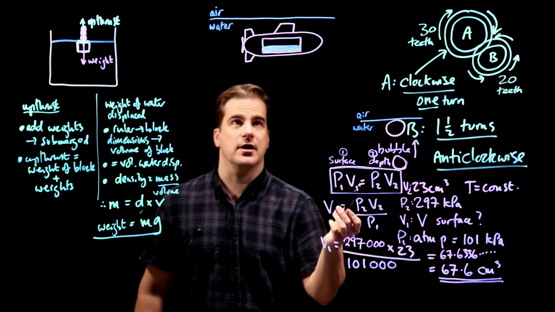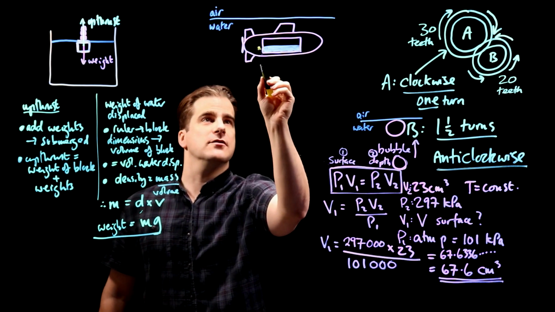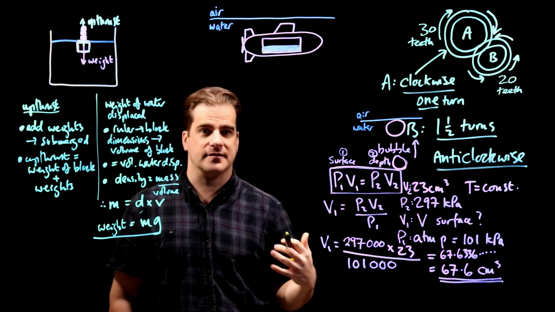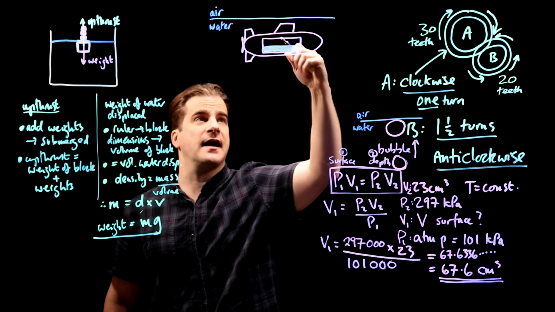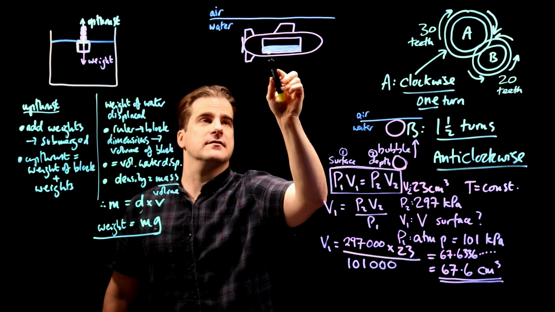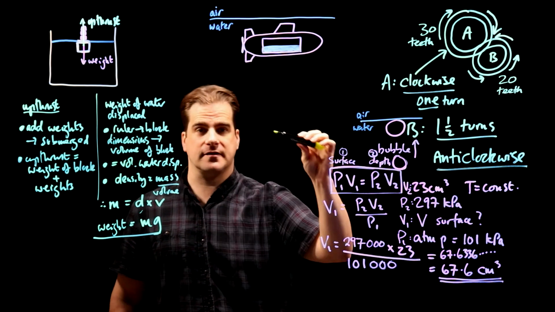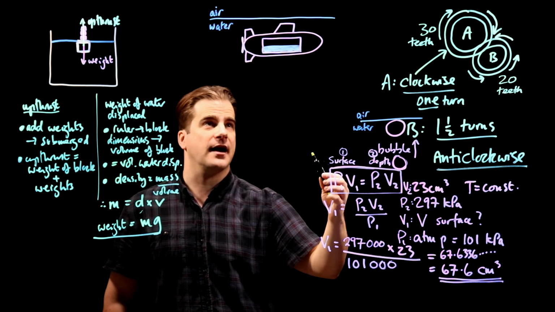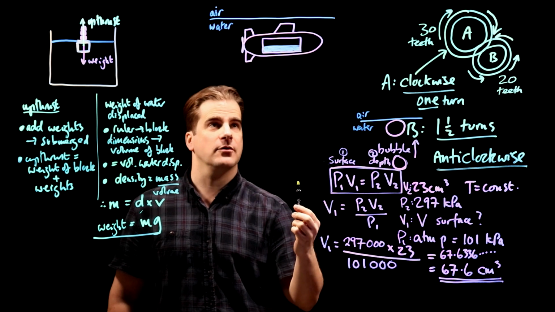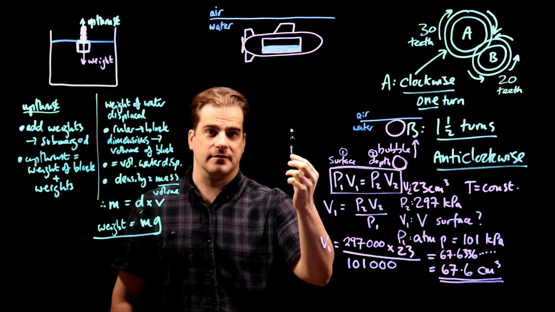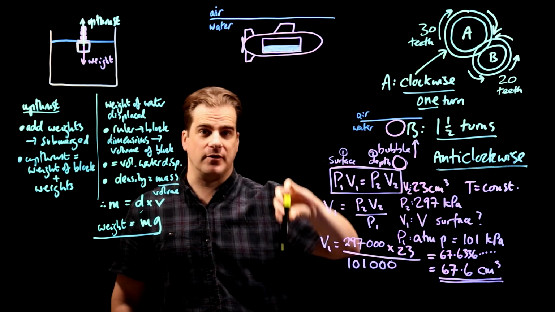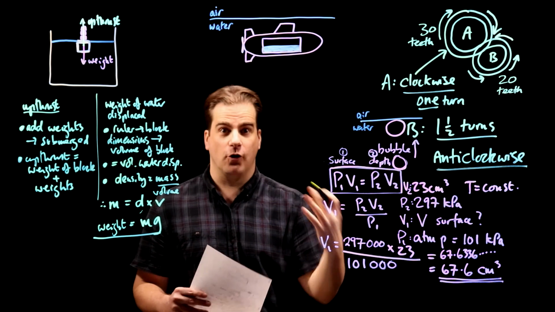The way submarines work is that they pump in air from a compressed air supply inside the submarine into the tank to force the water out, and that increases the volume of air in the buoyancy tank, decreases the amount of water in the tank, and that decreases the weight. So the submarine rises, and then they allow water into the tank, increasing the weight, the submarine sinks. But we're going to talk about that now.